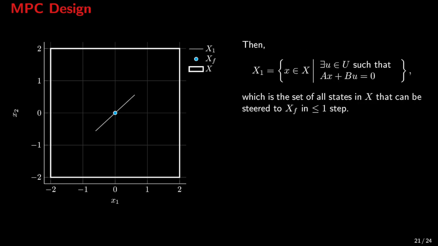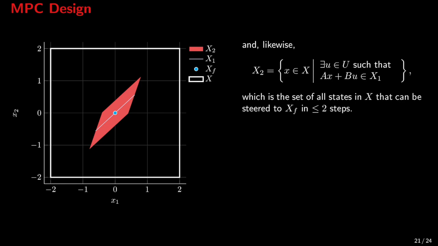The set X1 is simply the set of all states that can be steered to the origin in no more than one step. This is the set of all x in X, uppercase, such that there is a u in the set U, such that Ax plus Bu, namely the next state, is exactly equal to 0. The next state is exactly at the blue dot you see here. And this is just a line.